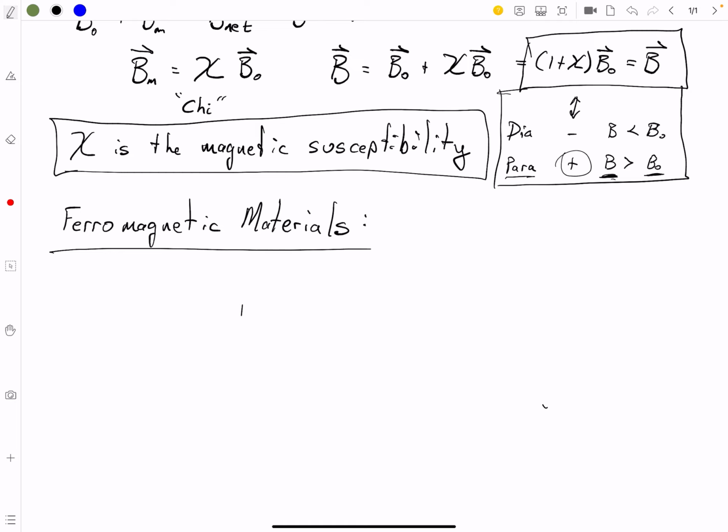A little history. Iron in Latin is ferrous.